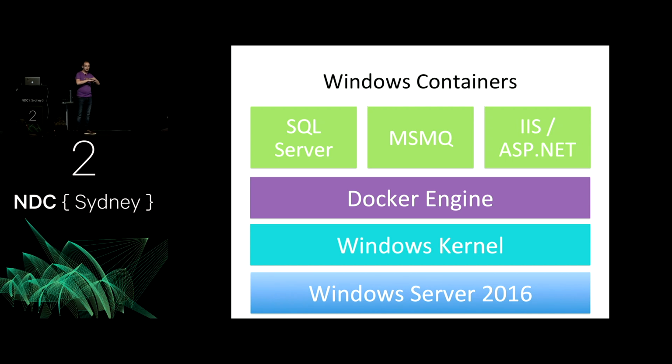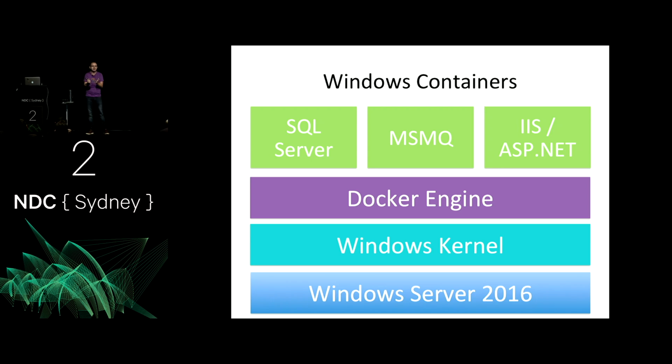And so we'll have our new operating system, Windows Server 2016. We'll have the Windows Kernel, which we have already, but with the added benefits of container awareness and container-based features, which we didn't have before. We'll have the Windows version of the Docker engine, which works and looks in a very similar way. And then on top of that, we can run containers.